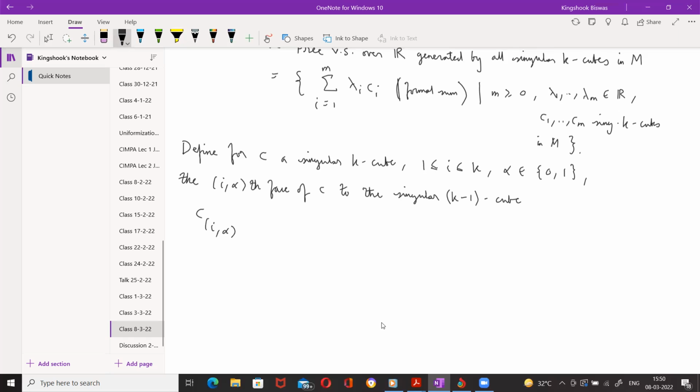So this will be a function of k minus 1 variables, x1 to x_{k-1}.